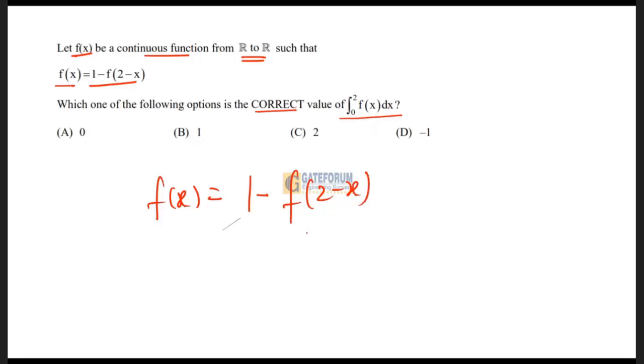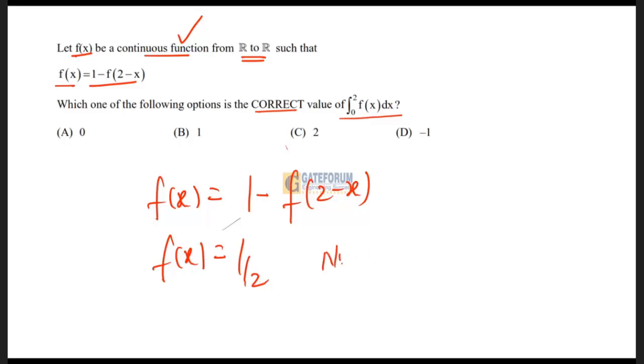Now notice this particular continuous function f(x) is 1 by 2, because it is a continuous function from 0 to 2. So we require a continuous function from real to real. So let f(x) equal 1 by 2.